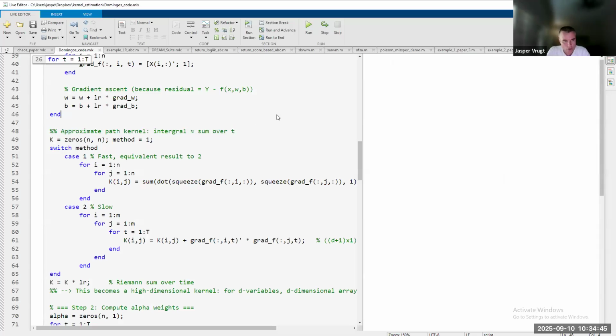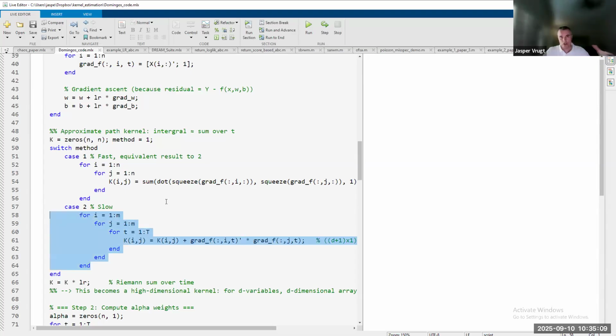Approximate that kernel. So I implement 2 different methods, a fast method and a slow method. Okay, so you see that in the fast method, we have a double for loop, whereas in the slow method, we have a triple for loop. That's always with coding.